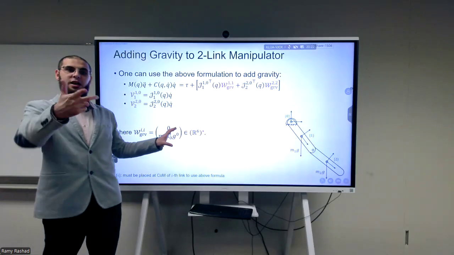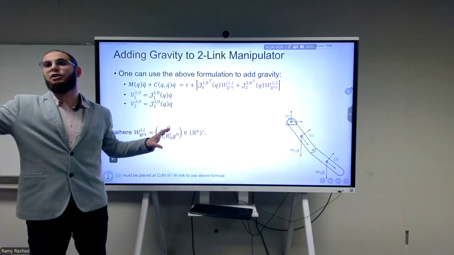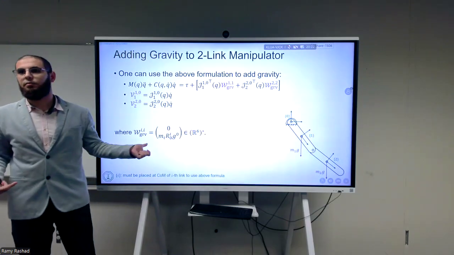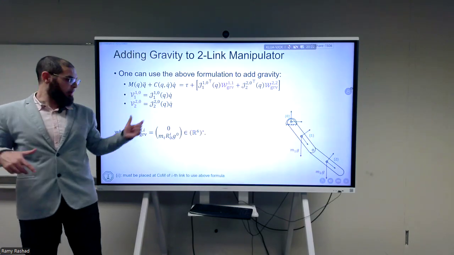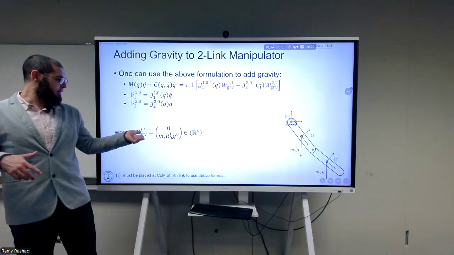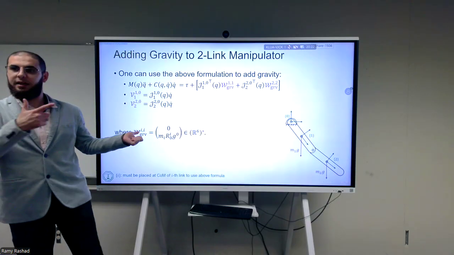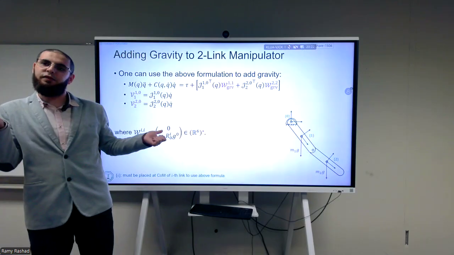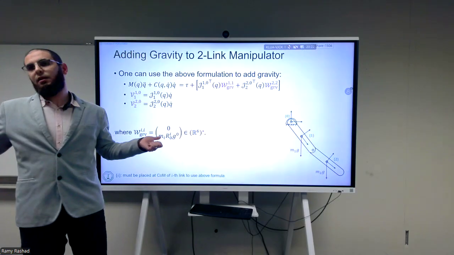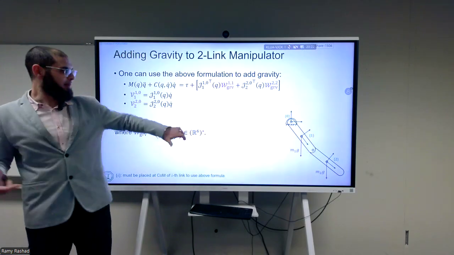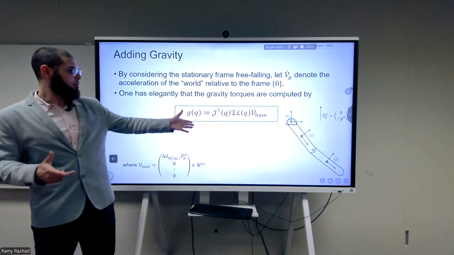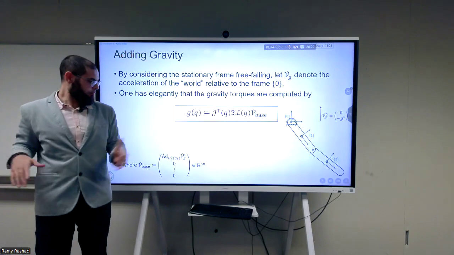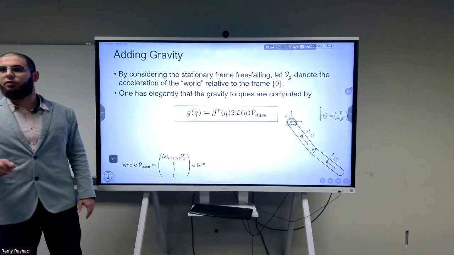So if you want to put the ith link at the joint, this expression will not work. You need to transform it again by some adjoint transpose from the ith frame, which is here the center of mass ith frame, to the joint ith frame. But this expression works seamlessly in both. We did not make this assumption at all.